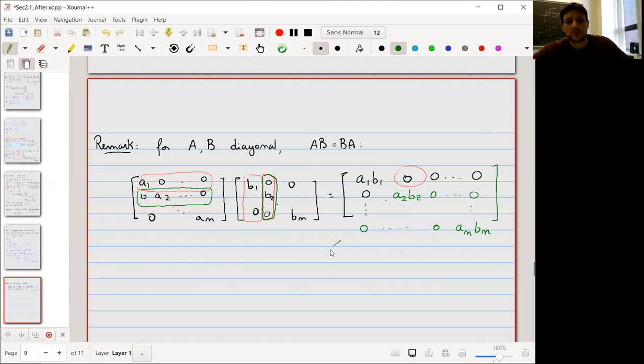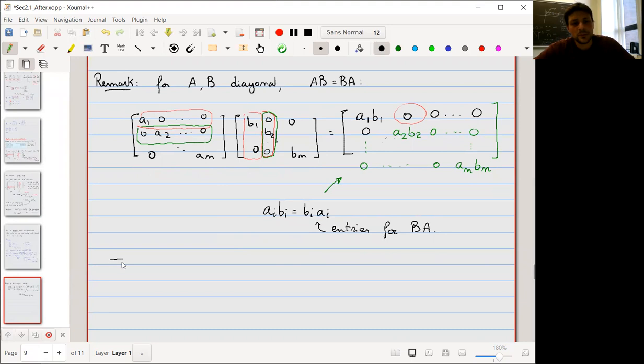So if we look at this product matrix here, we'll see that since AI, BI are numbers, this is the same as BI, AI, which are the entries for B times A. This implies that A times B is a diagonal matrix with entries the same as the entries of B times A. We haven't computed B times A, but the reasoning is exactly the same, and I encourage you to try it and check that you actually get these entries out of that.